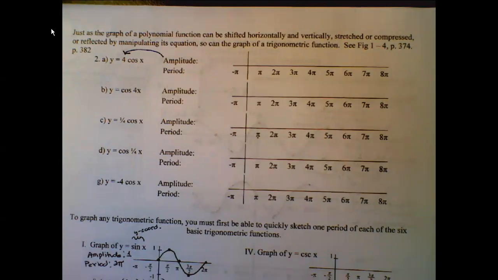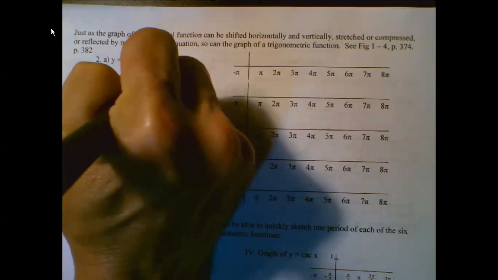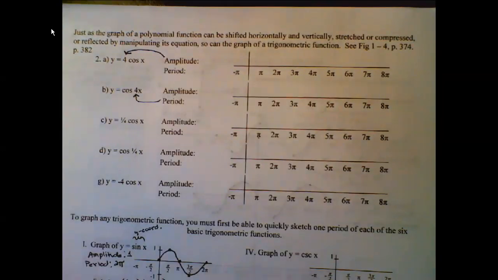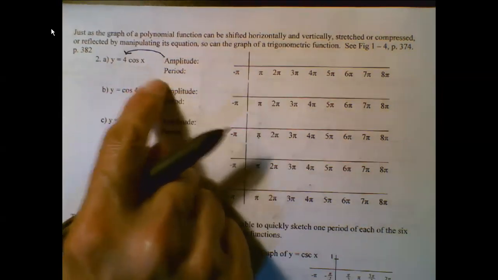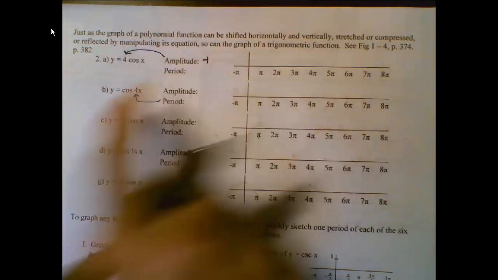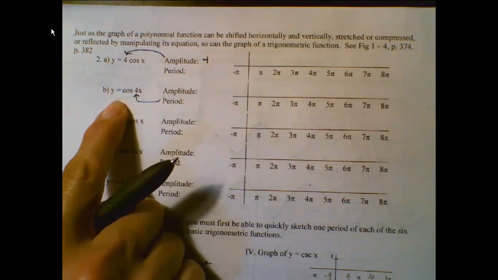And the period of the graph is affected by the coefficient of the x within the trig function. So in the A part, the graph of 4 cosine x has a period of 4 instead of a period of 1, because that's the coefficient of the trig function.